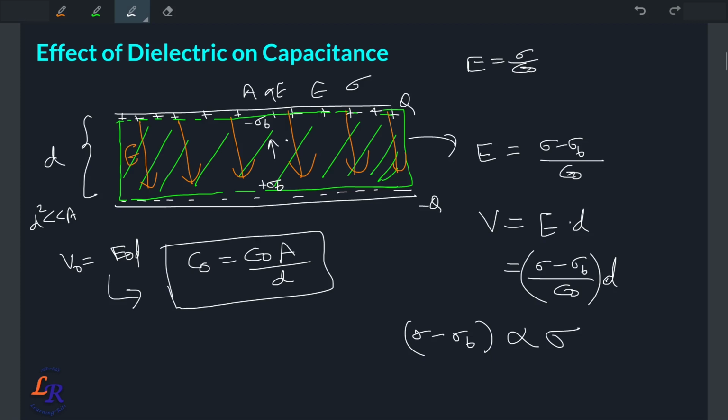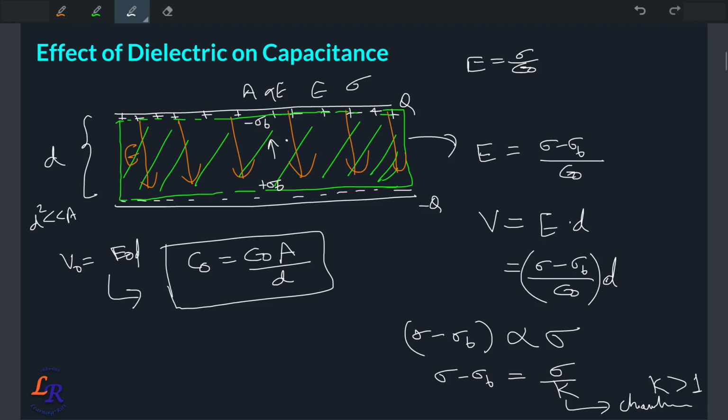Ultimately this is proportional to the surface charge density of the beginning, so we can write it as sigma upon k, where obviously k is greater than 1. So the effective surface charge density can be represented as sigma by k, where k is a characteristic of the dielectric material.